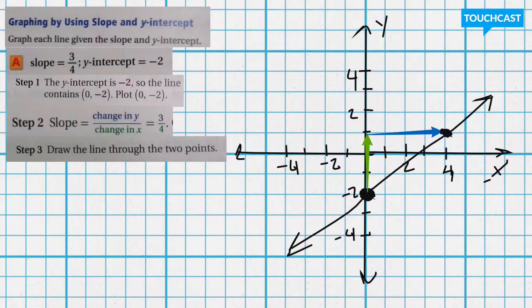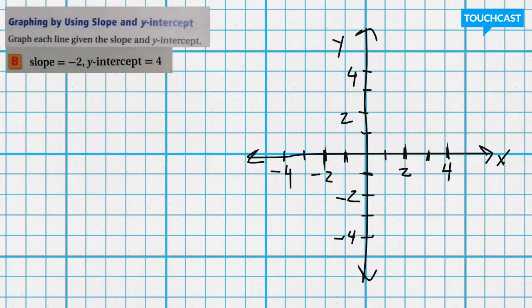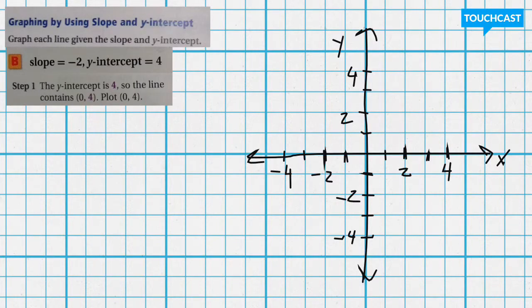Let's look at another example. Alright, so we're going to do the same thing, but we have a line with a slope of -2 and a y-intercept of 4. So step 1 is to plot our y-intercept. Since it goes through the point 4 on our y-axis, (0, 4), we're going to put our first point at (0, 4).